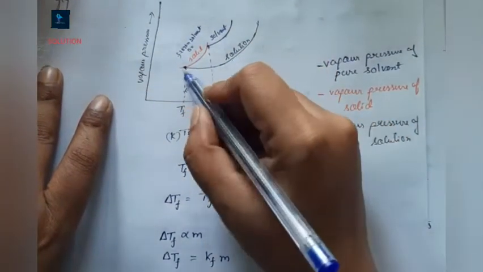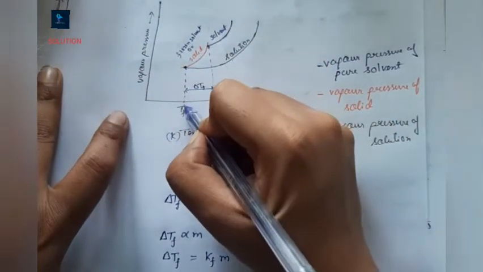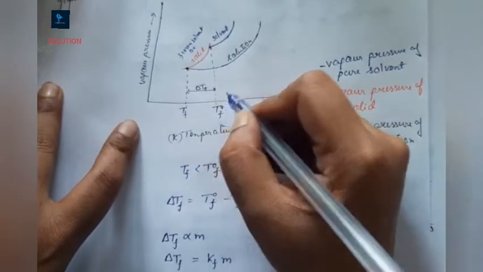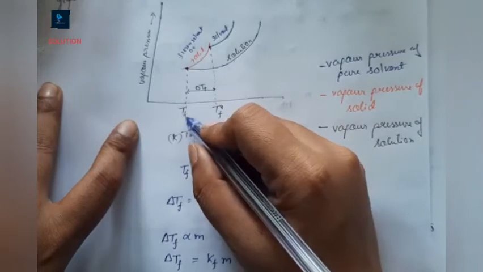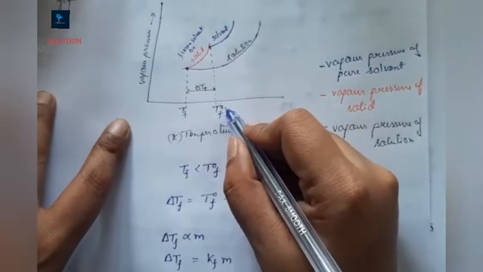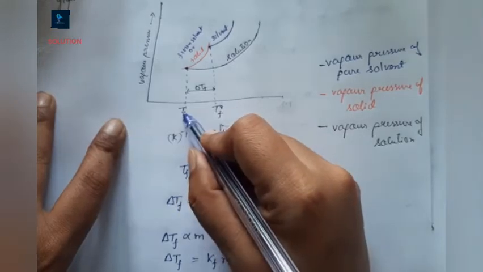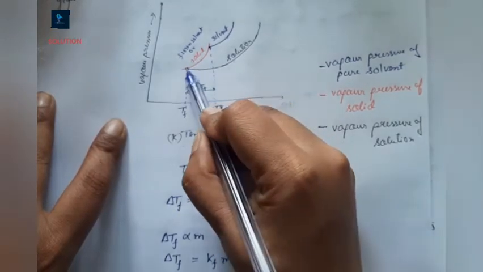This curve meets at this point at a lower temperature. So you can say that T0 is greater than TF. T0 is the temperature for the pure solvent, and this is the temperature for this point.